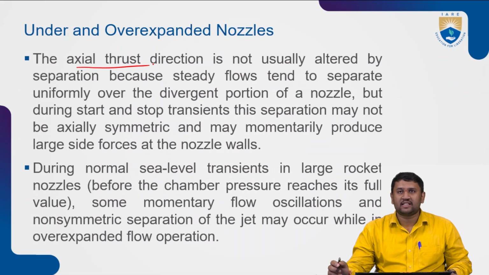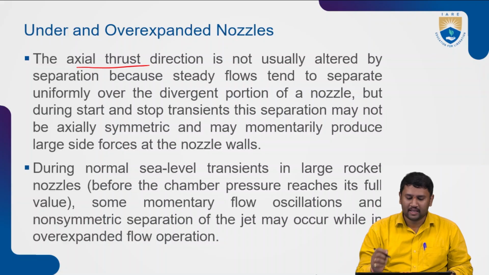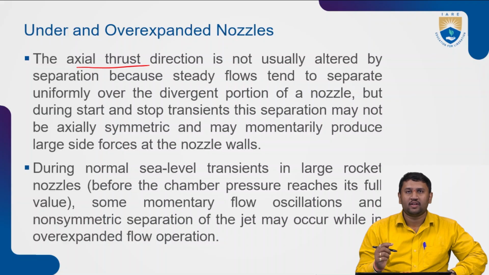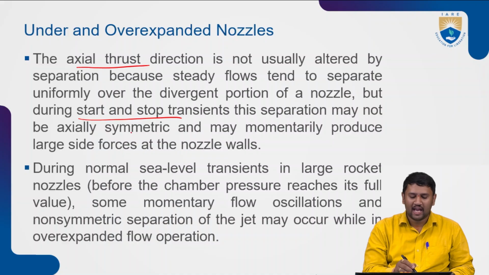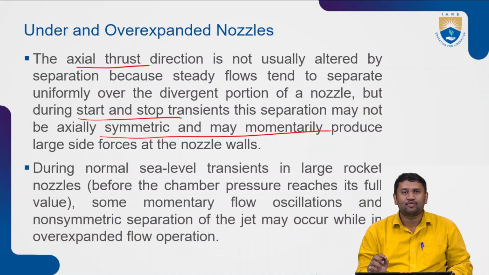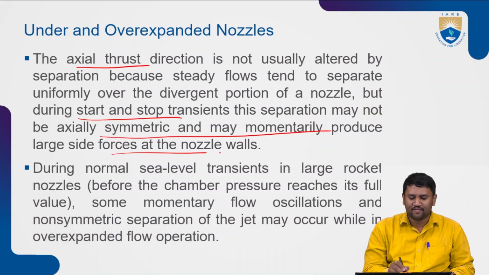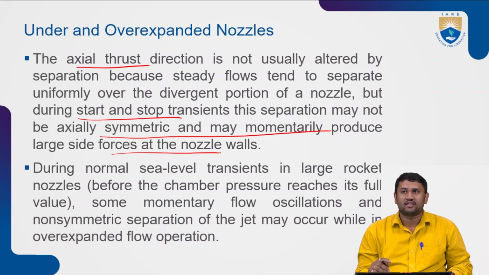The axial thrust is not usually altered by the separation plane, because the steady flow tends to separate over a uniform or divergent portion of the nozzle. But during start as well as stop transients, this separation may not be axially symmetric and may momentarily produce large side forces at the nozzle walls.